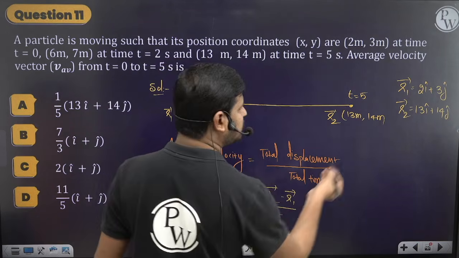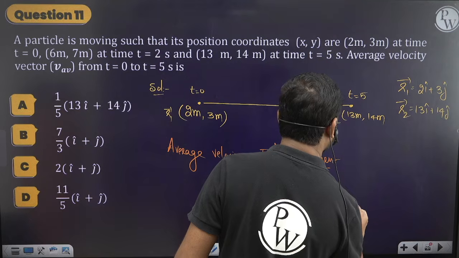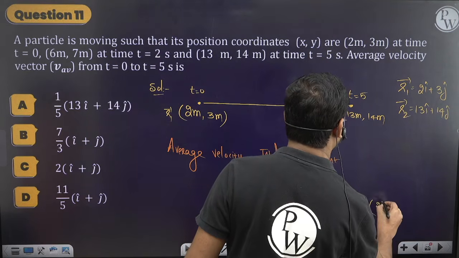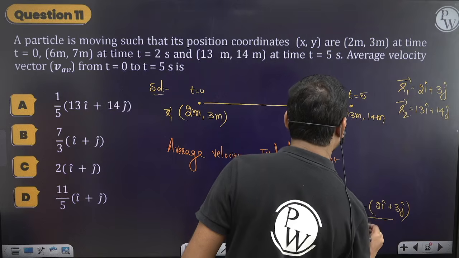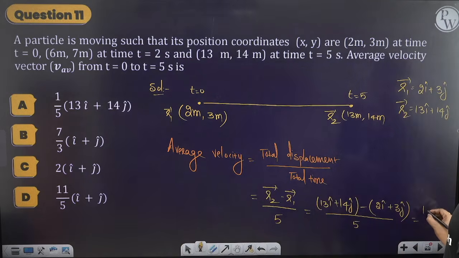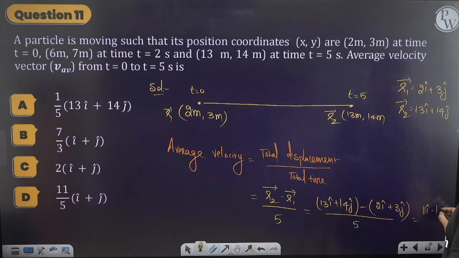So simply R2 is 13 i cap plus 14 j cap, minus 2 i cap plus 3 j cap, divided by the time taken, 5. Which comes out to be 13 minus 2, 11 i cap, and 14 minus 3, 11 j cap, divided by 5.